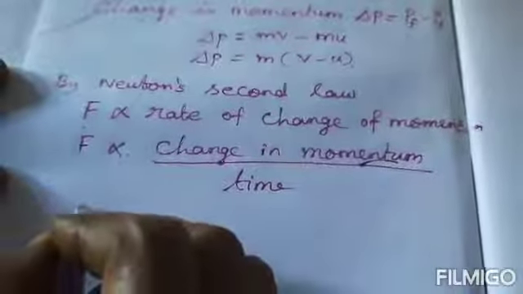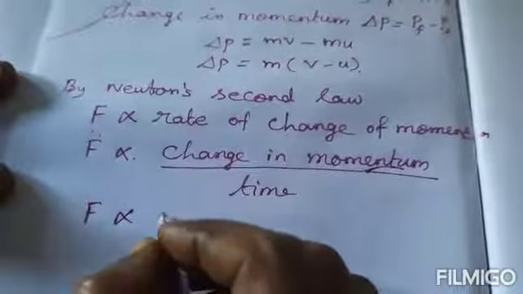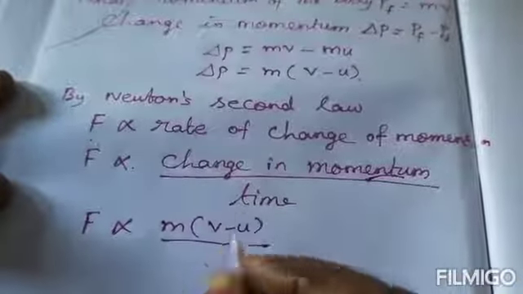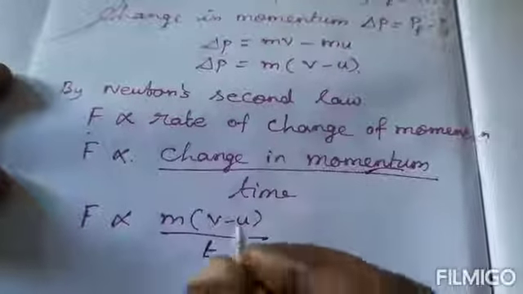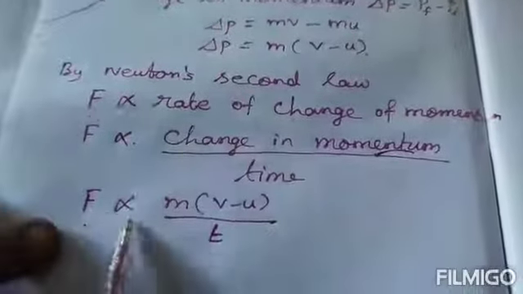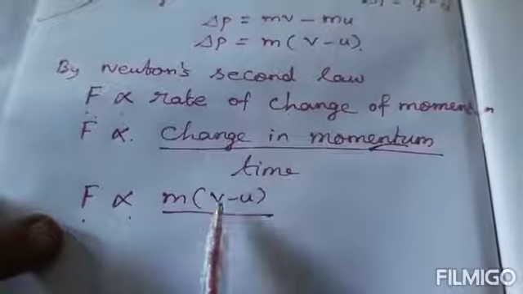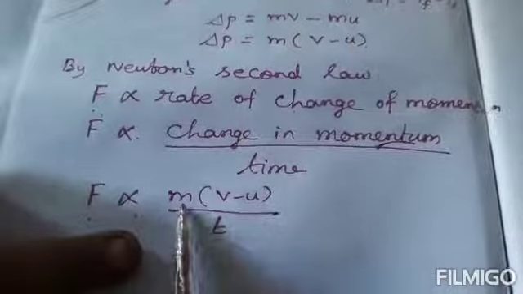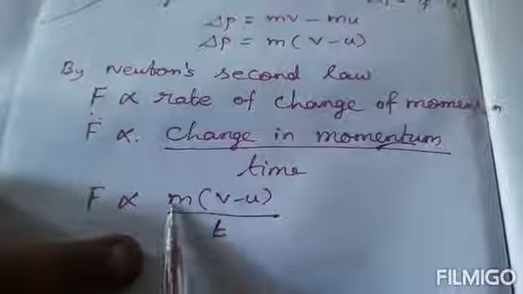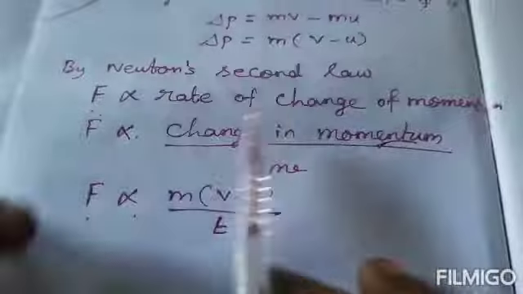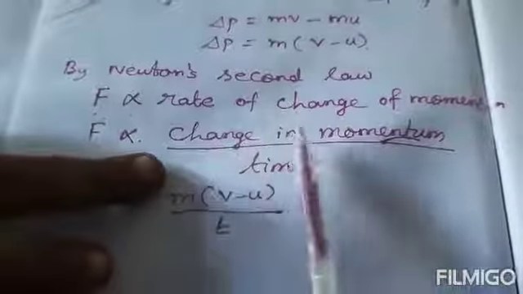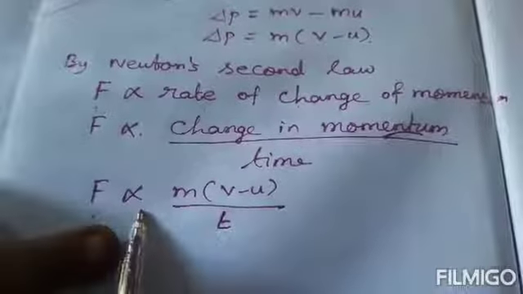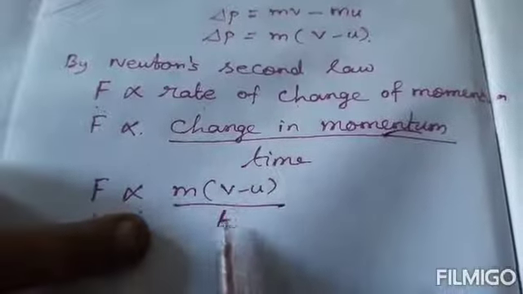So F is proportional to m into v minus u divided by t. That is the rate of change of momentum. So the force is directly proportional to m into v minus u divided by t.